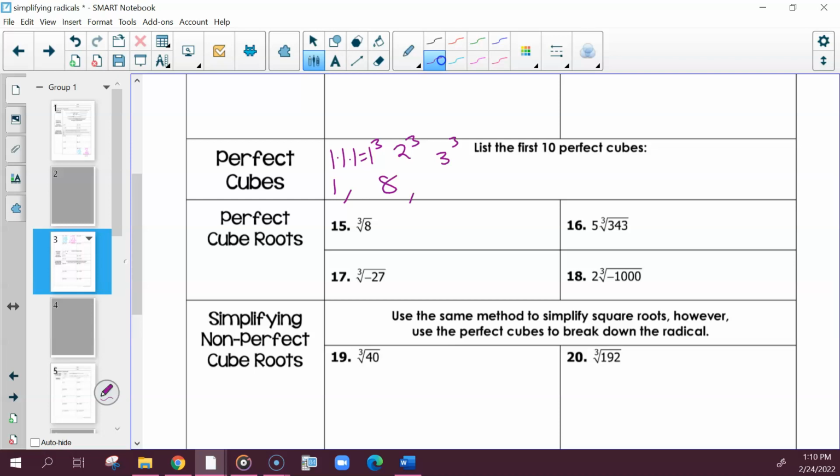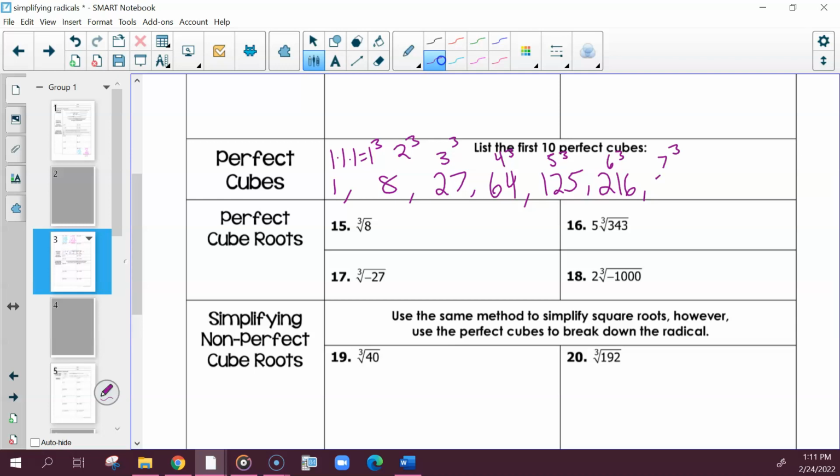3 to the third, which is 27. 4 to the third, 64. 5 to the third is 125. See how these numbers get big real fast. 6 to the third is 216. 7 to the third, I want to say that's 243.